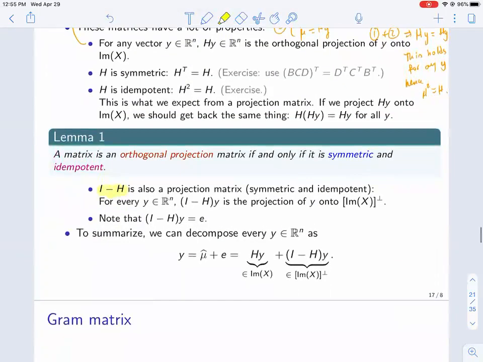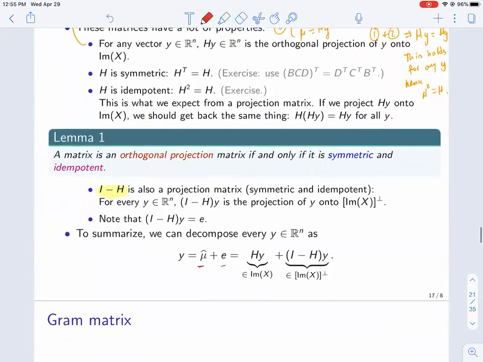So I can write y as mu hat plus e, where mu hat is hy and e is (I minus h)y. You can see this identity holds because the sum of the two is y. But the key is that this piece is a projection of y onto the image of x, and this piece is the projection of y onto the image of x perp.